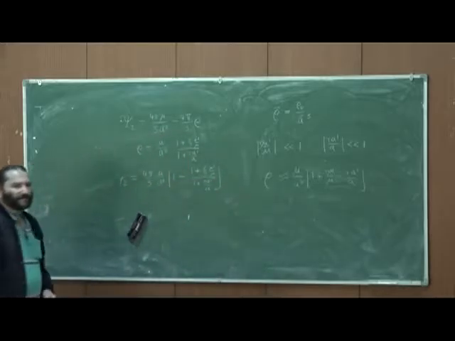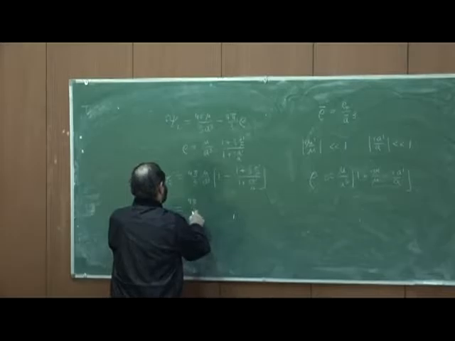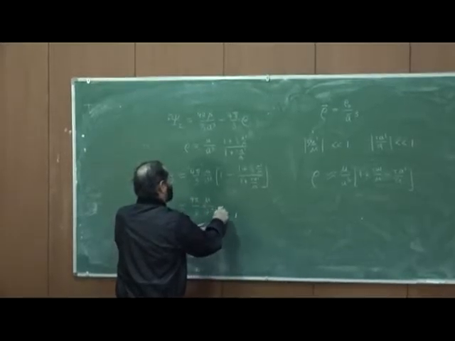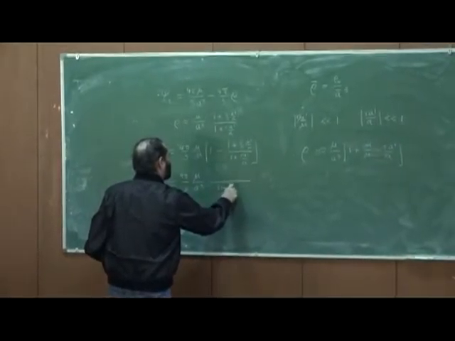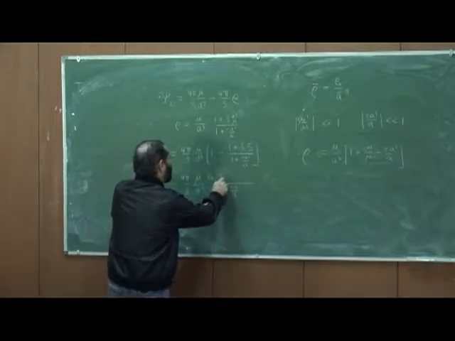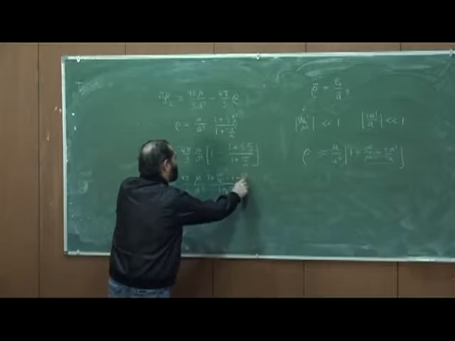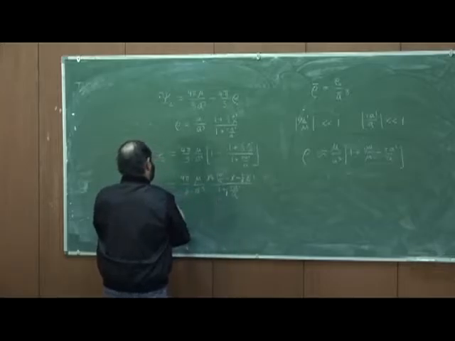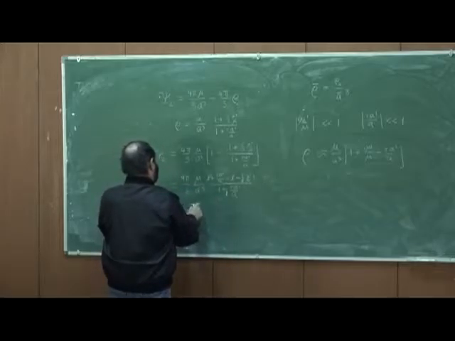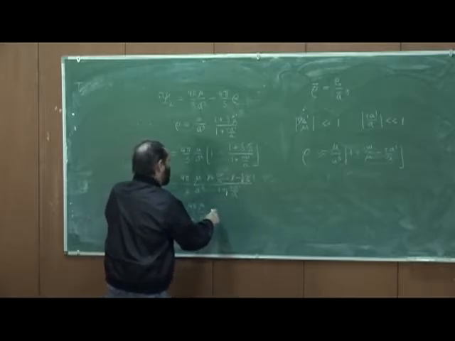Okay, so we do the fraction itself. The ones go away, and this is going to be equal to minus 4 pi by 3 mu a cube, and then the r is a common factor here.